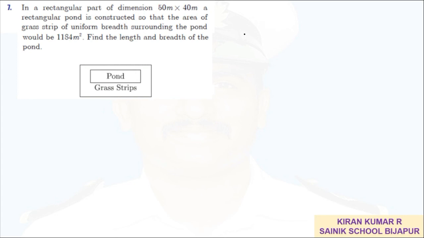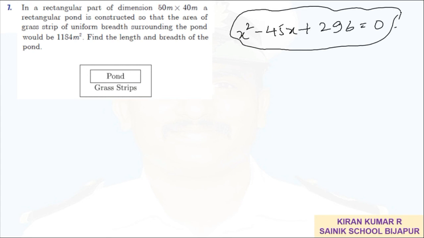So we had got the equation like area of the park minus area of the pond equal to 1184. We got the equation as x square minus 45x plus 296 equal to 0. This was the equation we obtained, and the value of x was found to be 8 and 37.